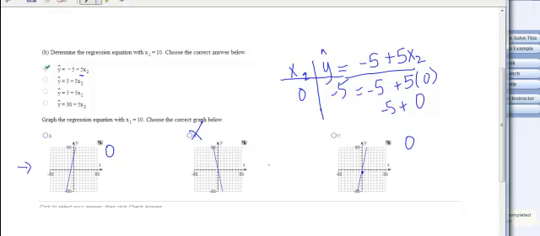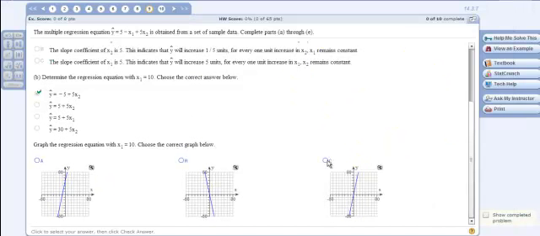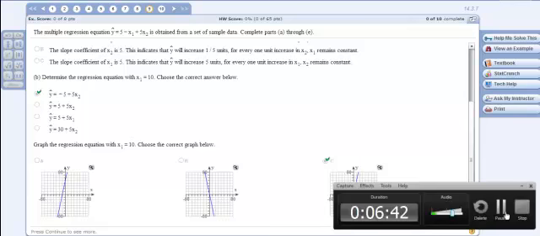So this looks right to me, and this does not look right because it's too high, in the positive area, and this is negative. So right away I can figure out that it would be C, and let me check that. So that looks good. Hope this helps, and let me know if you have any further questions, and thanks so much for watching.